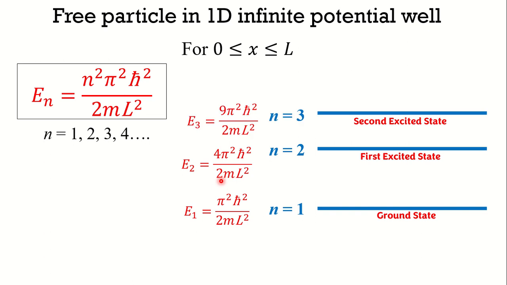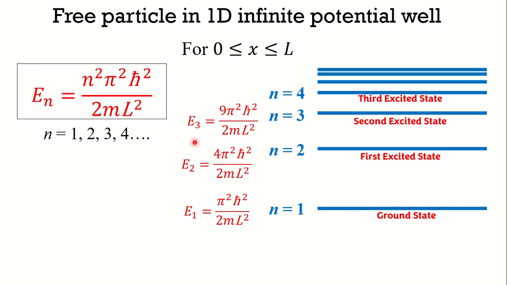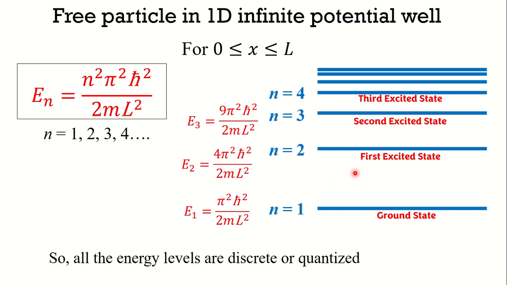For n equal to 3 we have the second excited state and the energy is 9 pi squared h cut squared by 2mL squared, and so on. One important thing to note is that the separation between the energy levels increases with n. So these energy levels are not equispaced, and all the energy levels are discrete and quantized.